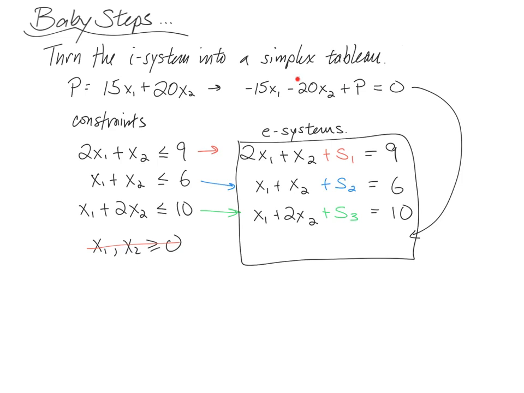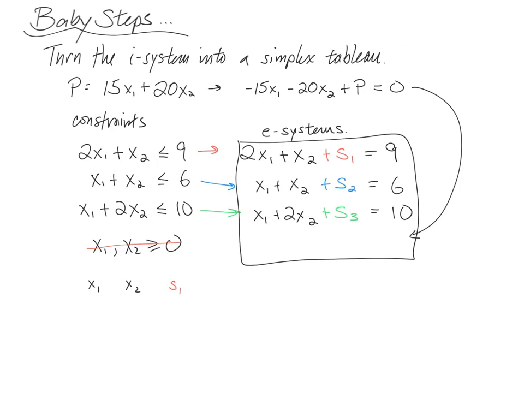Again, including this, I did not write it down here. Now, the simplex tableau, if you recall from turning a system of equations into an augmented matrix, each column represents a different variable. So each equation has x sub 1, x sub 2, fine. But the first equation here has s sub 1, so we have to include an s sub 1 column.